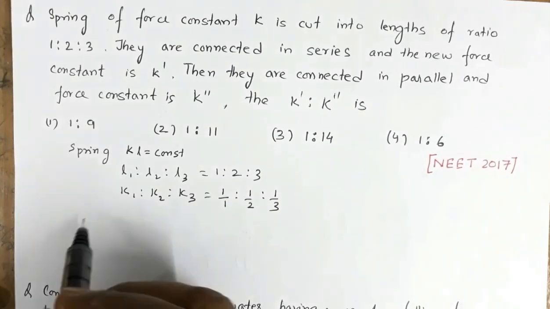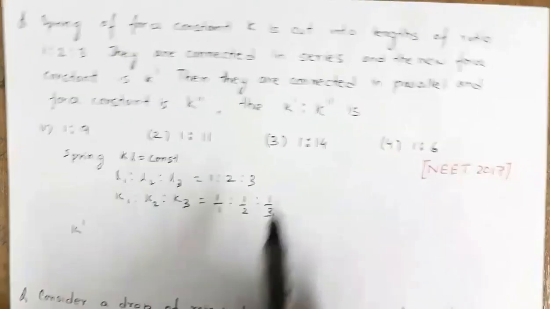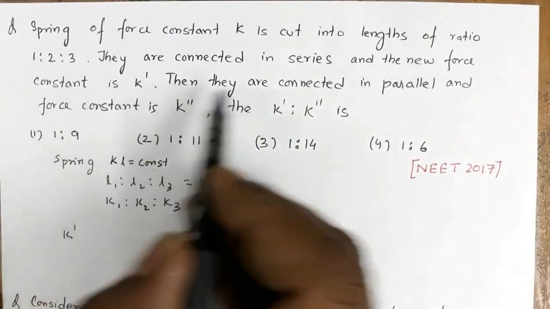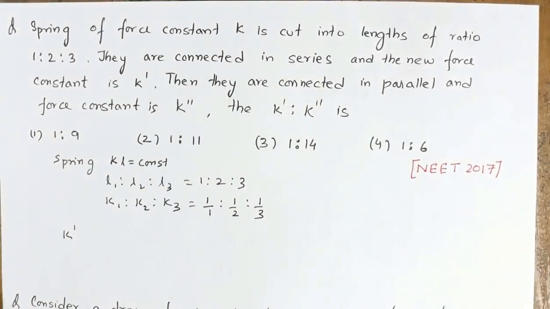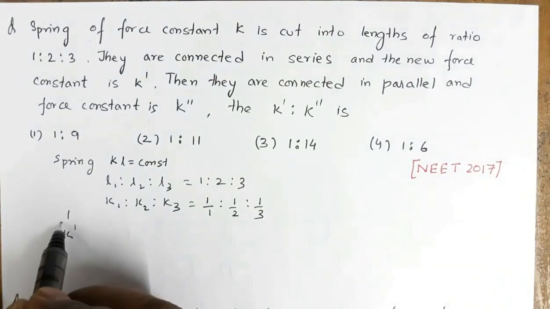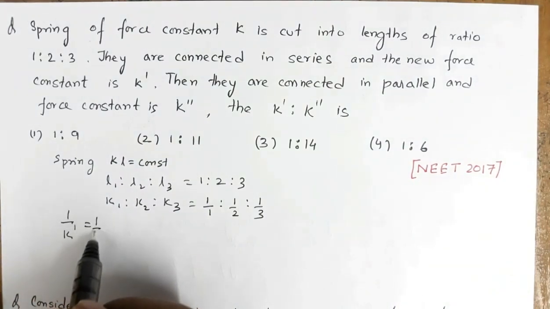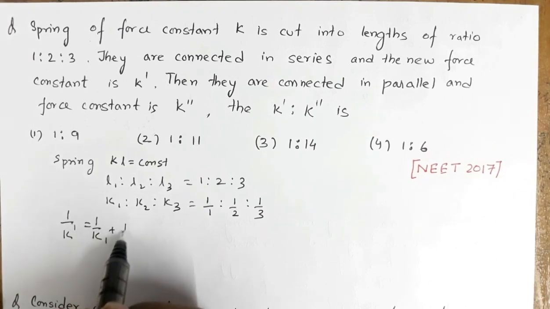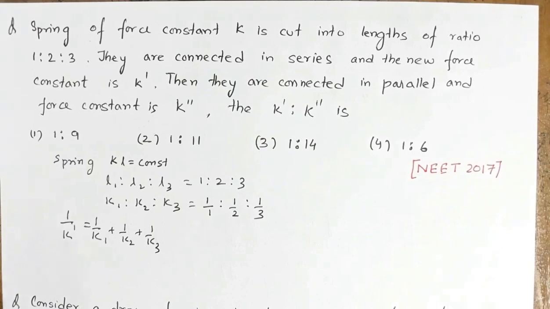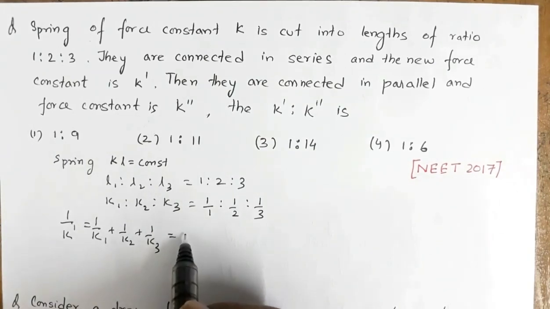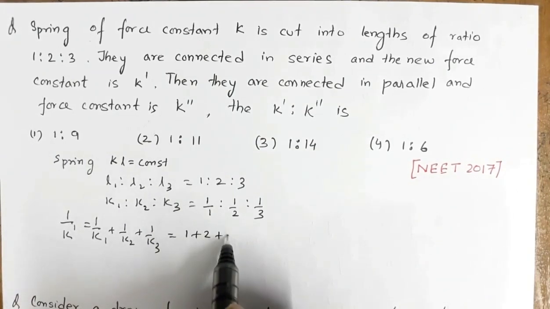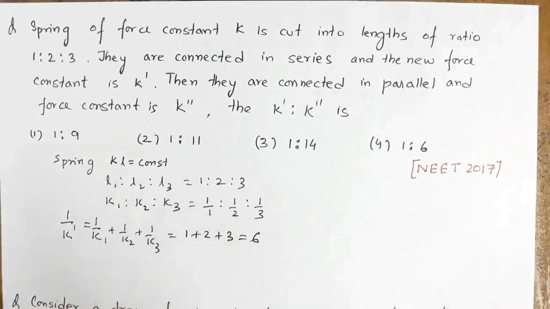Okay. Now K dash, it is given that K dash is the new force constant when they are connected in series. Now equivalent force constant in series, it is 1 by K dash, it is equal to 1 by K1 plus 1 by K2 plus 1 by K3. Okay, so that is equal to 1 plus 2 plus 3 is equal to 6.